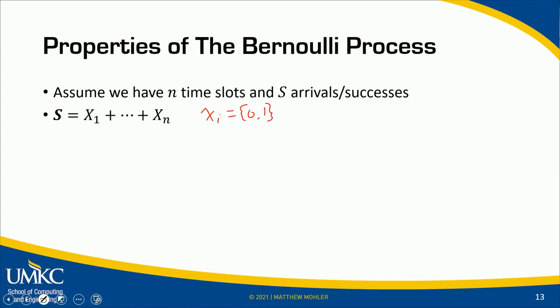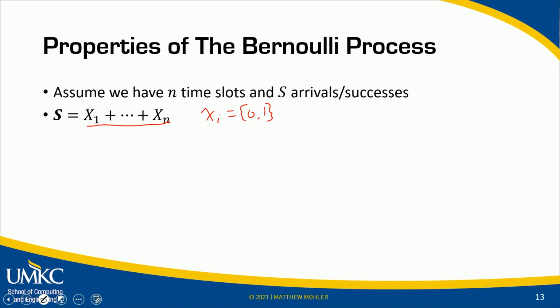If it's a success, then we get a 1, and if it's a failure, then we get a 0. So I can just add up all of my x sub i's, and from that, get the total number of successes, because a success is going to return a 1, a failure is going to return a 0.